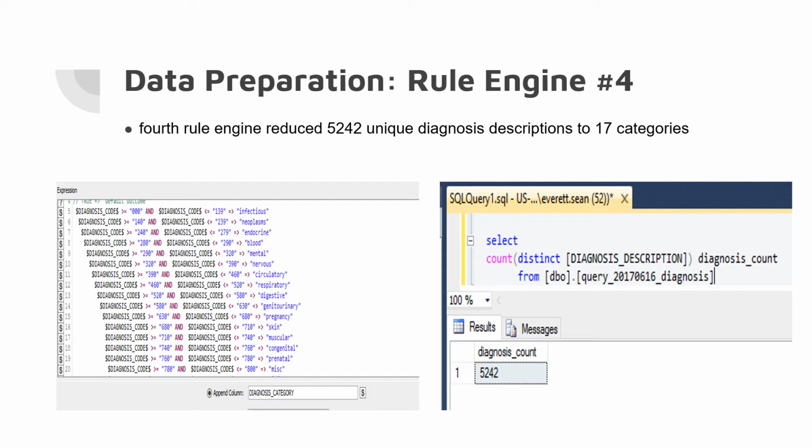So we did some digging, and we realized that these diagnosis descriptions are based on the ICD-9 information, so they can be grouped to at least 7 different categories. So we reduced them down from 5,242 to just 17 categories.